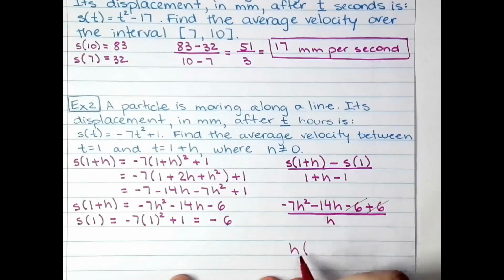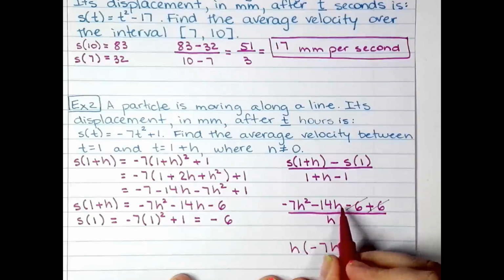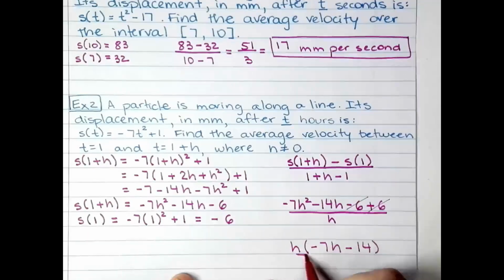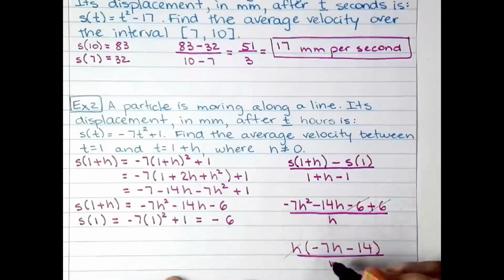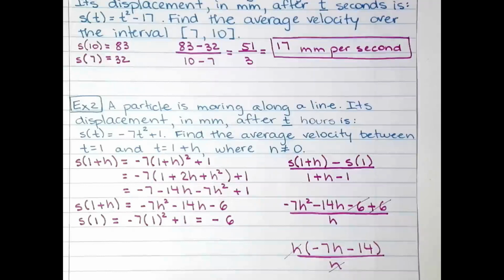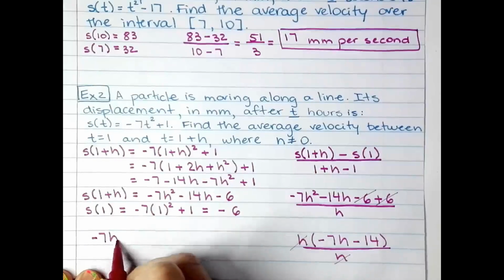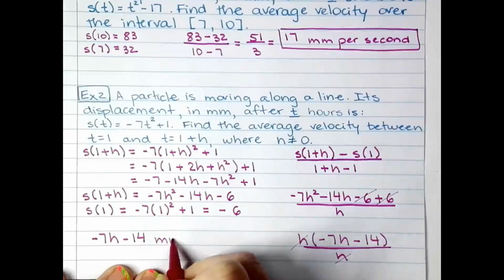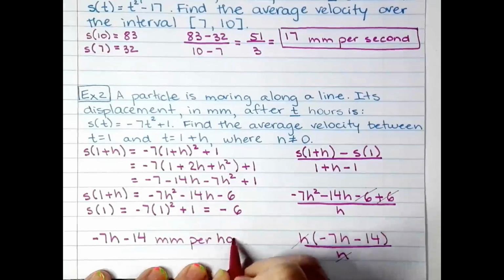H squared divided by h is -7h. -14h divided by h is -14. Now go ahead and simplify that, and that should be your final answer. I'm going to write it over here. So it's -7h minus 14 millimeters per second. Oh, per hour. Sorry about that.